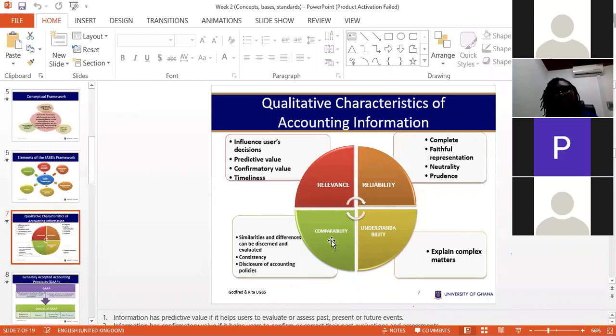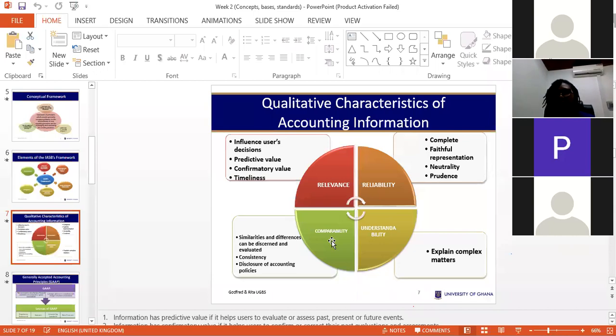Finally, fundamental to qualitative characteristics is the fact that accounting information should be understandable by people who have basic knowledge in accounting. So how can we enhance this understanding?